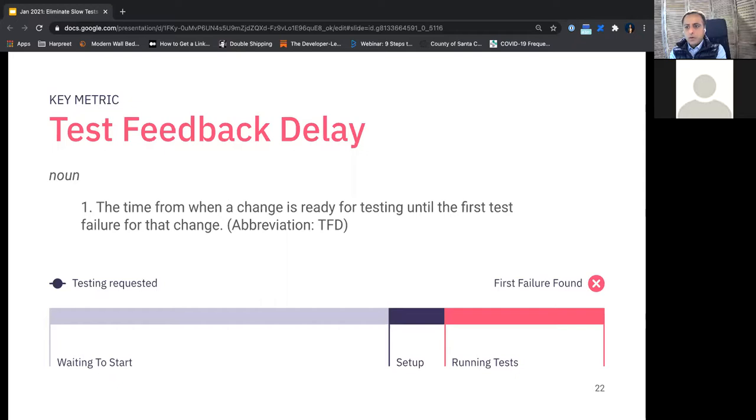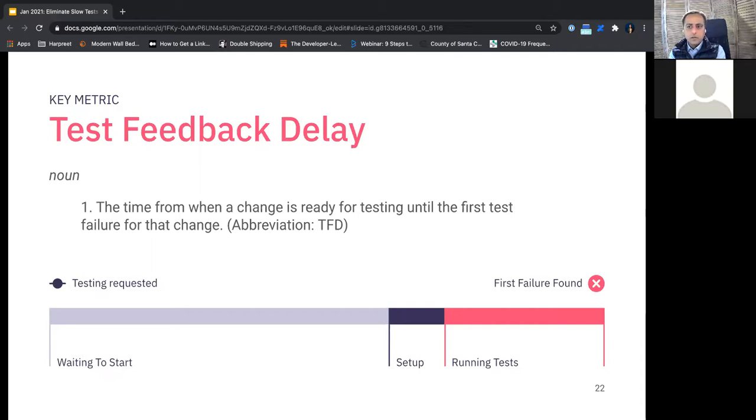From that point on, to the first failure, how long does it take? Because as developers, we are waiting for that first failure that gives us the appropriate signal that something's gone wrong. That's the test feedback delay that we care about.